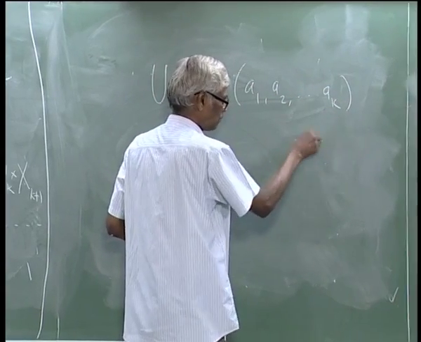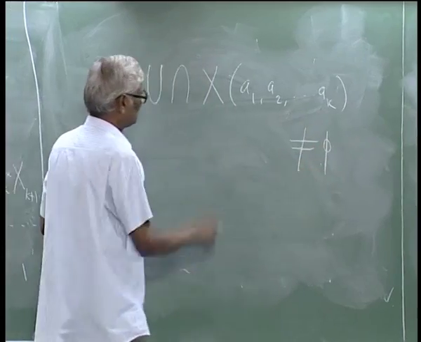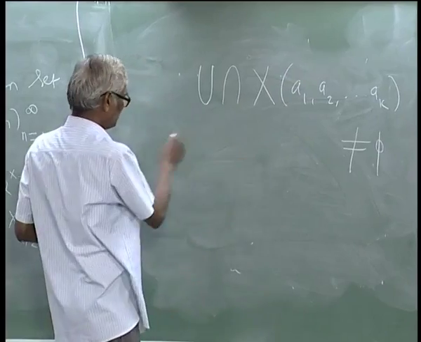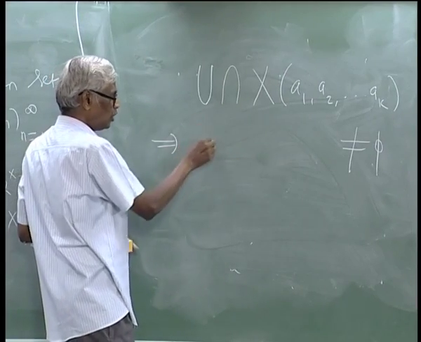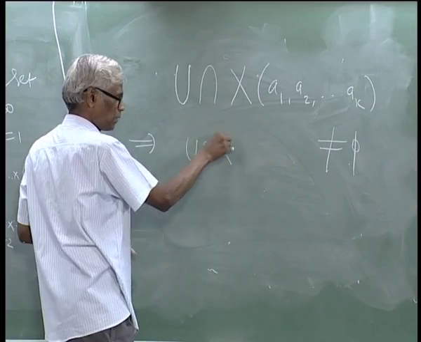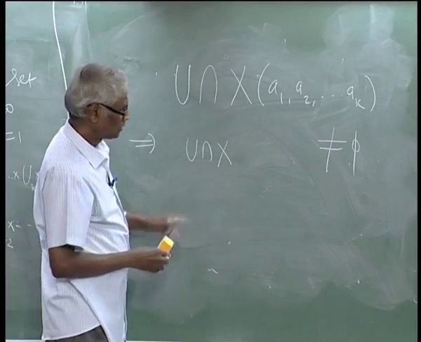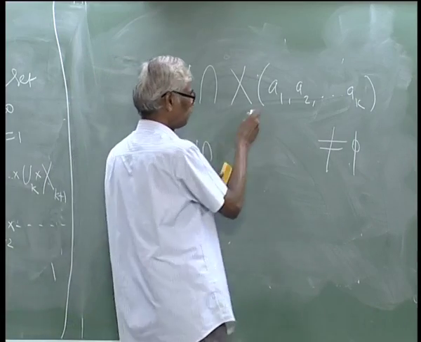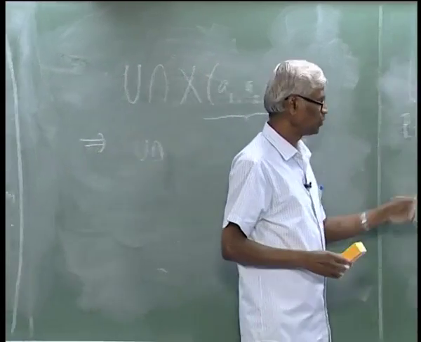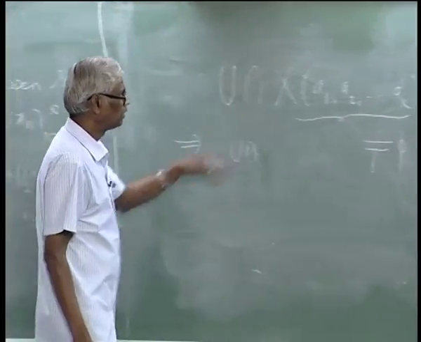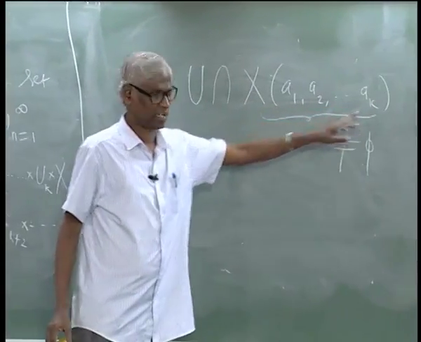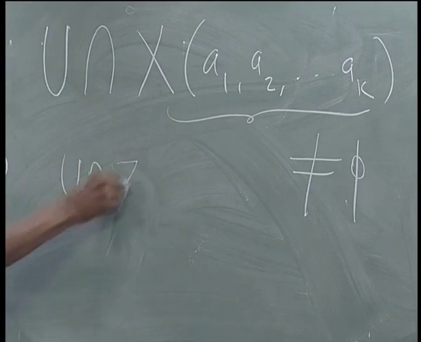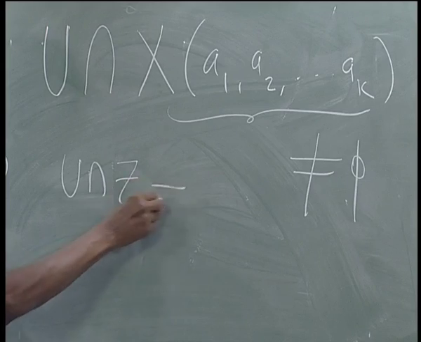This set itself is non-empty, and it is a subset of the product. This will imply U intersection Z is non-empty, since X(A1, A2, ..., Ak) is a subset of Z, and Z is the union of such sets.